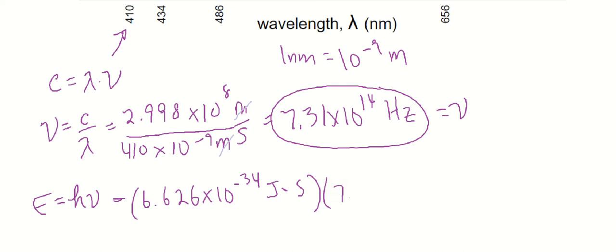I'm actually going to change that from hertz back into per second. So 7.31 times 10 to the 14 per second. And we'll see that the seconds cancel out, and we're left with joules, which is the SI unit of energy. I'm going to use the number in our calculator, not this rounded one, and let's see what we get.